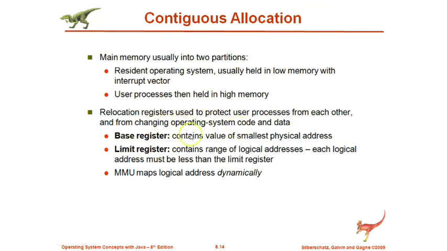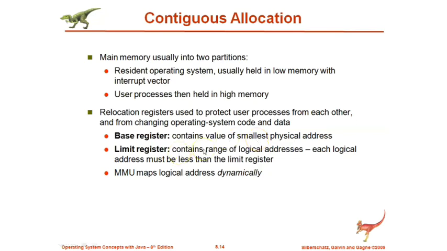These relocation registers are used to protect the user processes from each other and from changing operating system code and data. Here we have again two types of registers, as we saw in the previous concept on protection: the base register and the limit register. The base register contains the value of the smallest physical address, and the limit register contains the range.